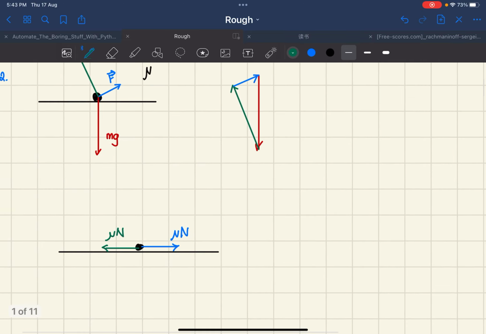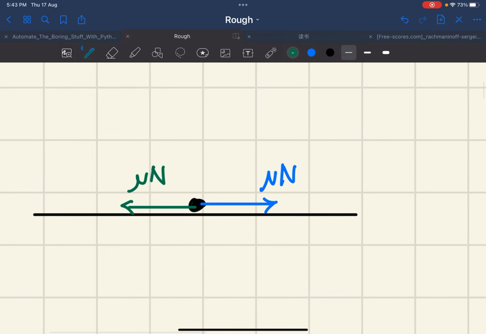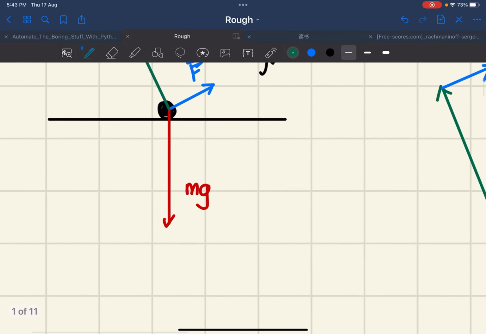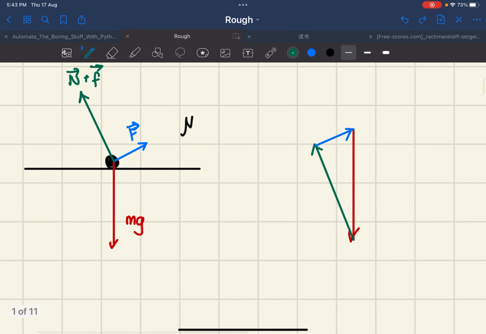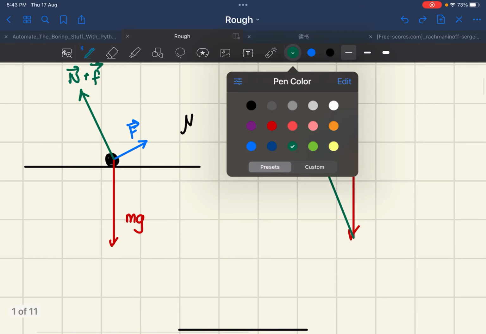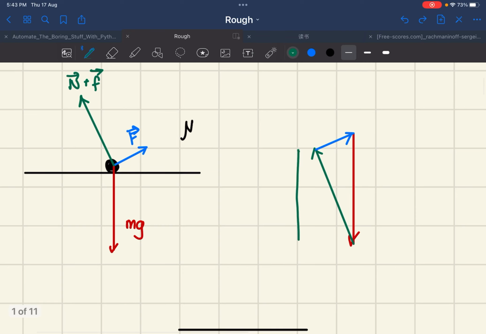Now that is not entirely correct, because this is correct if we can only push horizontally, but we can push sideways and also upwards, so that we can reduce the normal force, being the vertical height of this green vector.